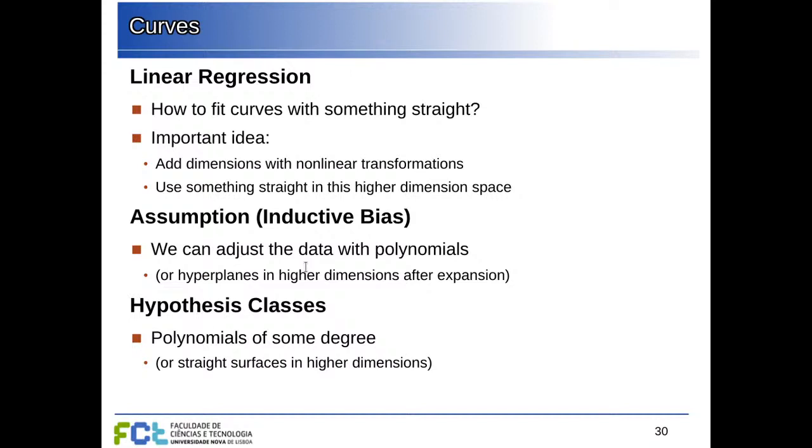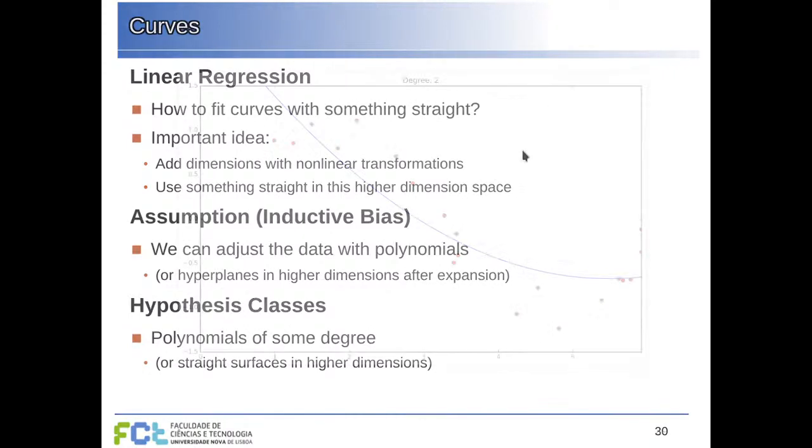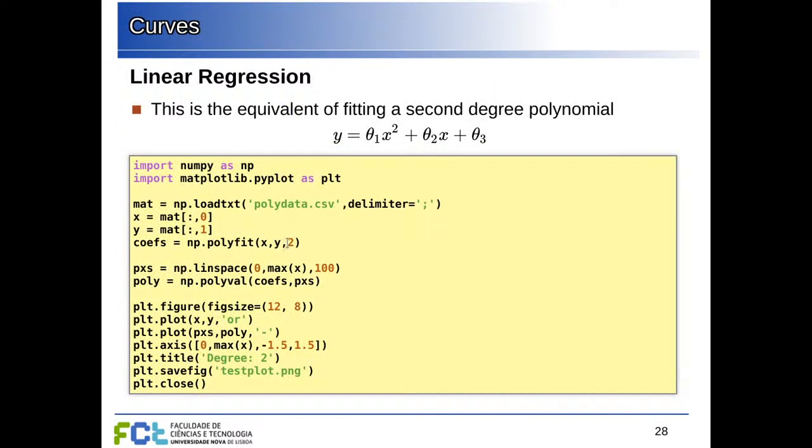We can adjust our model to the data by using, for example, a polynomial of degree 3 or degree 4 and so on. By choosing the degree, by choosing the model that we have, we can then instantiate into specific polynomials in that hypothesis class. So by changing the degree here, we can move through different hypothesis classes from which the best hypothesis will be chosen.